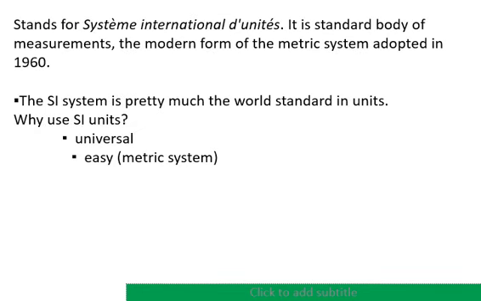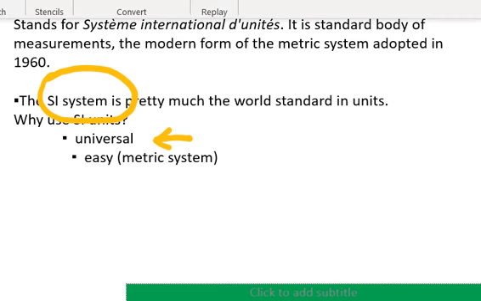That's why it's very important to have one universal system, and this system is called the SI system, the International System of Units. It's universal and it's easy, and we have to know that it was implemented about 70 years ago, in 1960, so it's quite a new system.